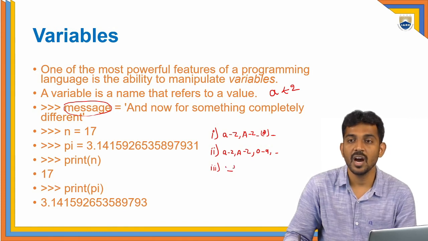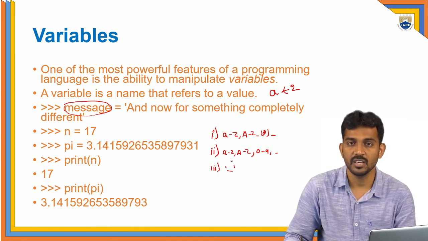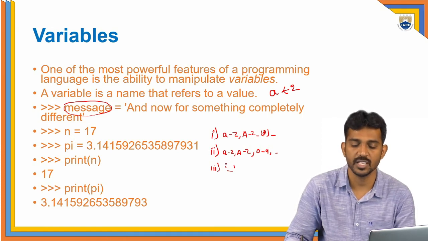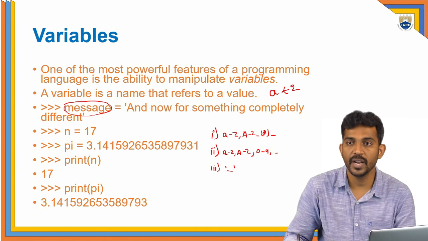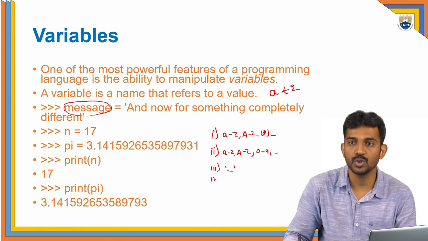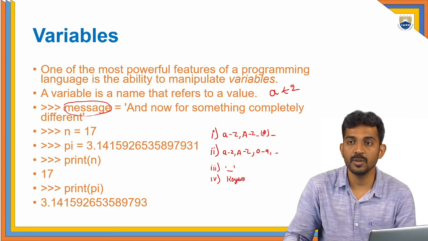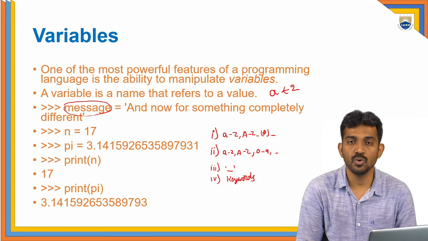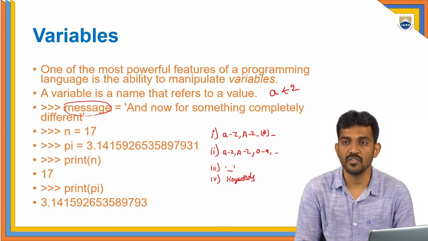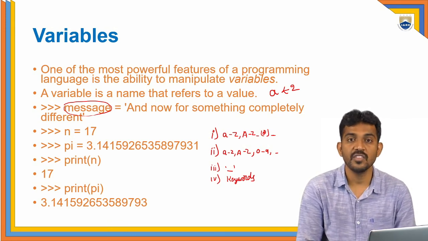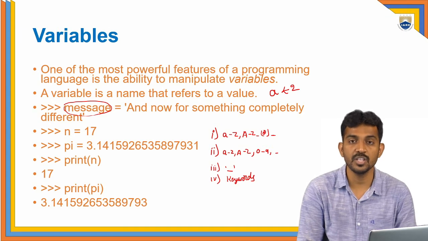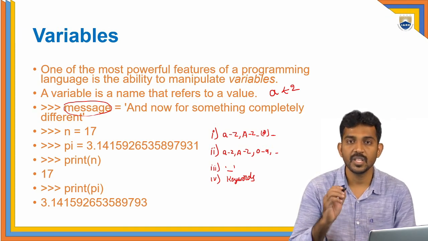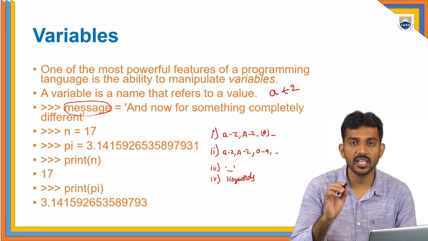It allows only underscore as a special symbol. Fourth point: keywords. Variables don't allow keywords. What is the meaning of keyword? We'll see in the next slide. So please note these 4 points. The first point is that variables should start with either an underscore or a character.